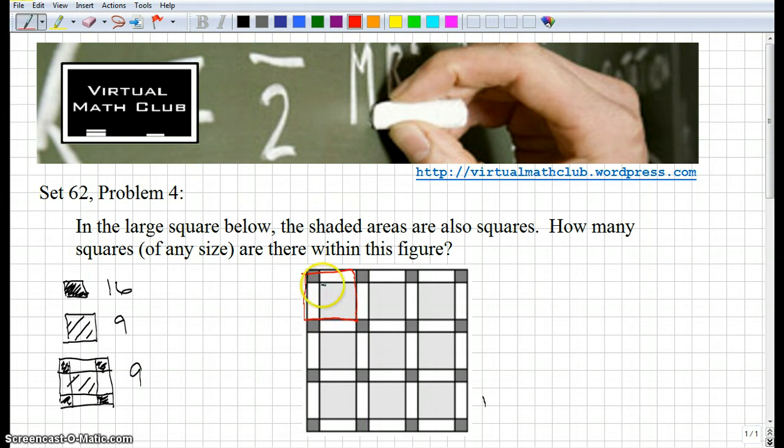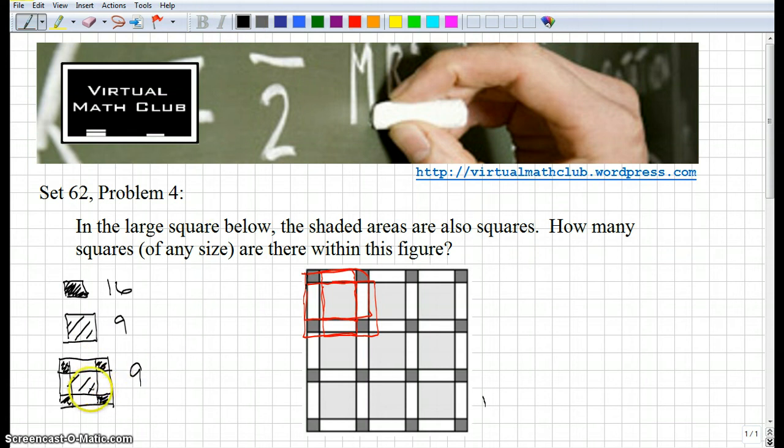And not only that, for every one of these squares we just counted, there's actually 4 of them. We're basically just rotating it around 90 degrees each time. So within each one of these figures, we can find 4 more smaller squares.